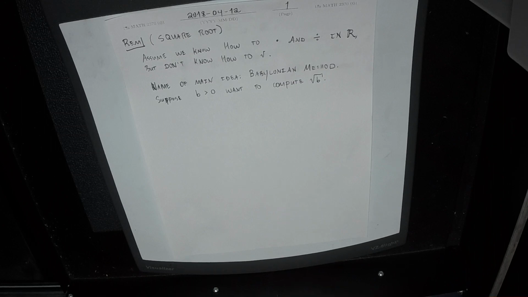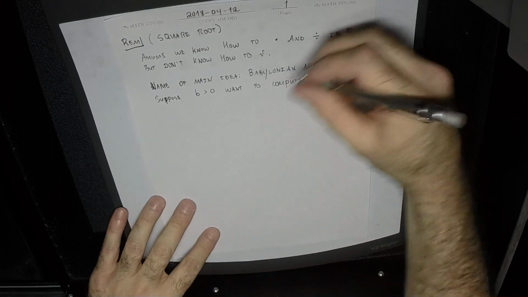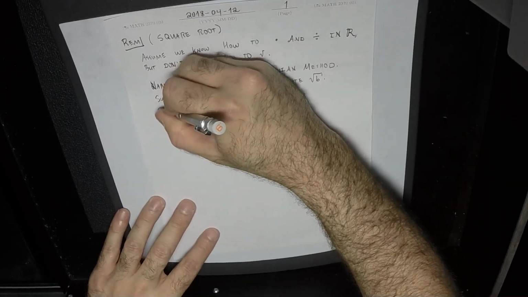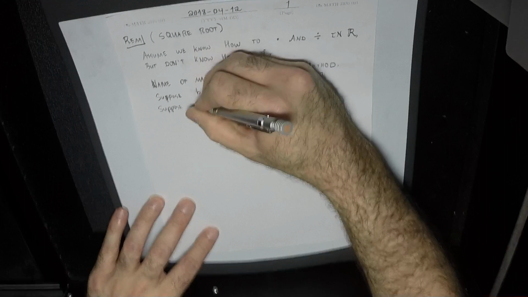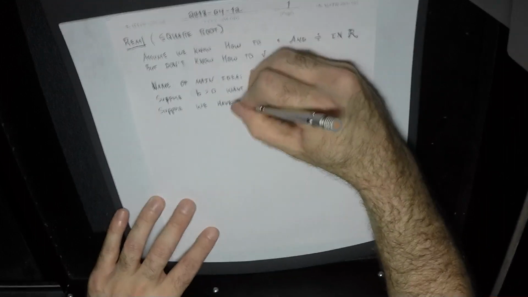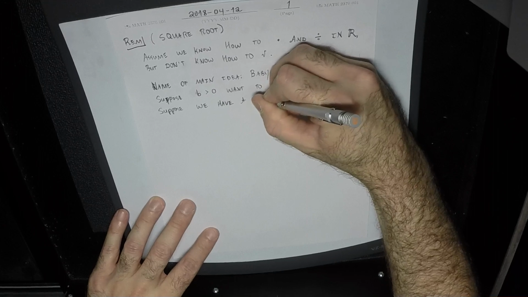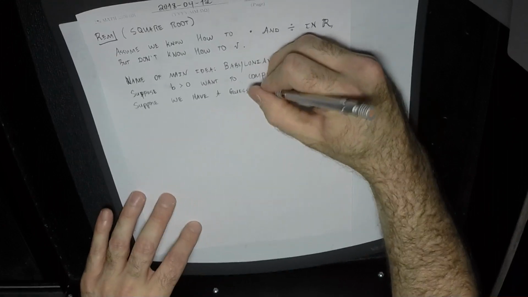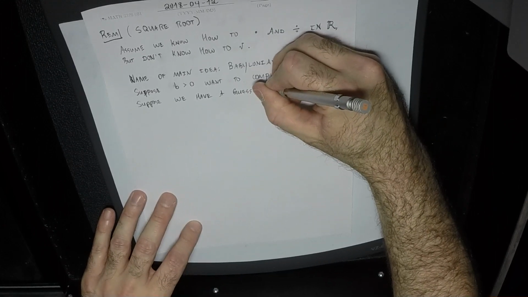The way that we're going to do it is we're going to come up with a guess. Suppose we have a guess, and we'll call this guess a.